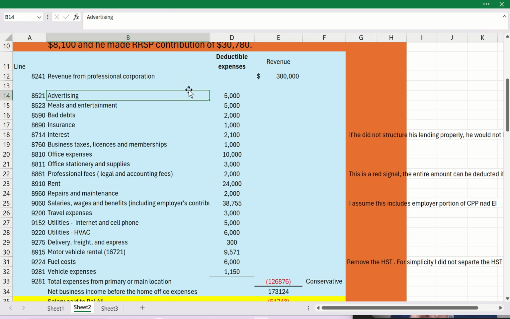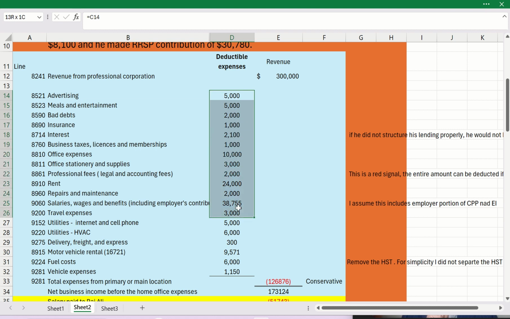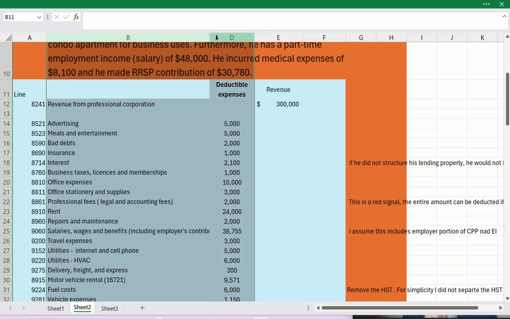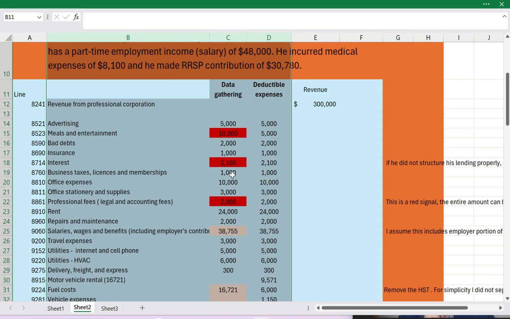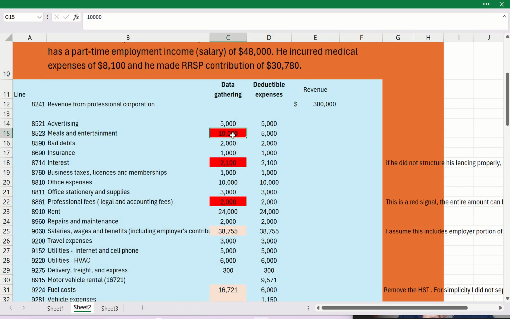And these are the expenses, as you can see. And let me unhide this, so you could see this is $10,000. I already discussed this. The red cells are alarming cells and could trigger an audit.